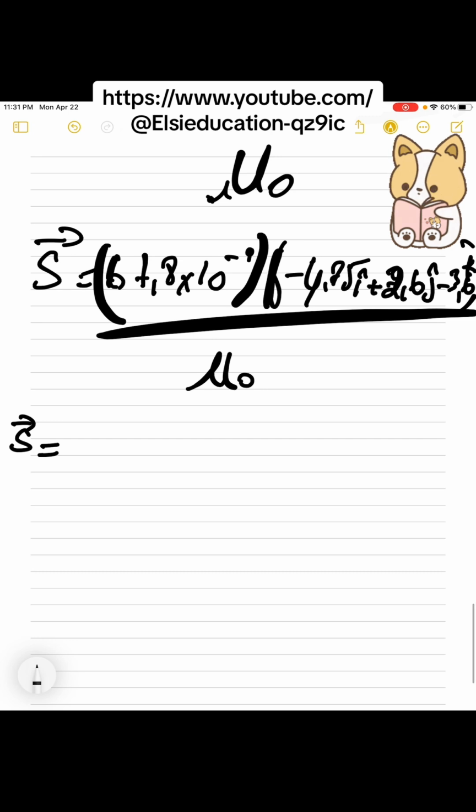So the Poynting vector will be equal to 67.8 times 10 to the power minus 9 multiplied by 4.75 divided by 12.56, which gives 0.265.